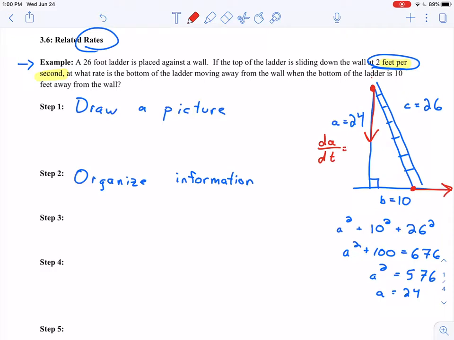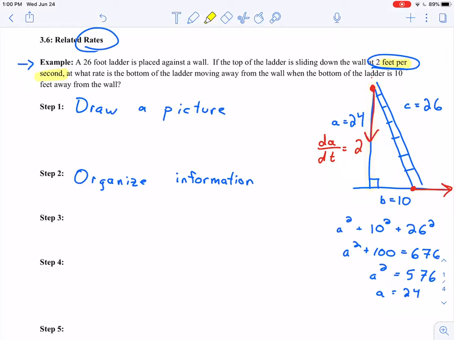And now, okay, if I say this is the rate of change of side A, you would tell me, well, that's going to be 2. You would be almost right if you said 2, but not quite. You're missing one little teeny tiny thing here. Think about what's happening to this side of my triangle. Is it getting longer or getting shorter?